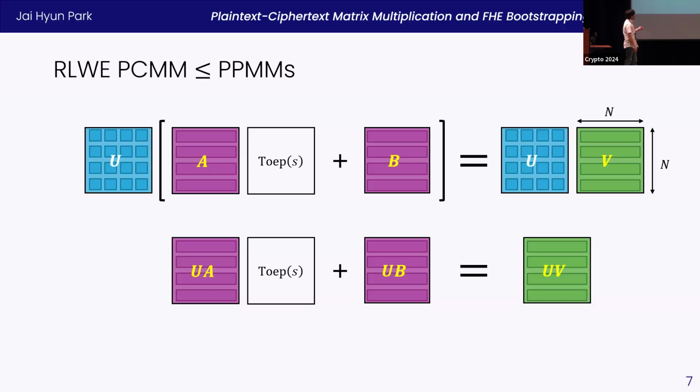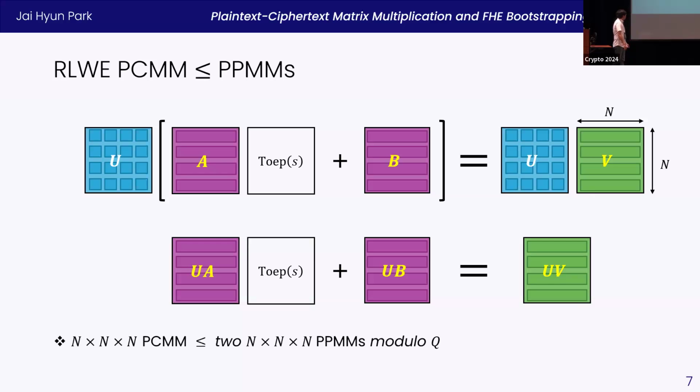So this means that we have computed the PCMM, and we complete the PCMM task. So we can do PCMM by using 2 PPMMs, UA and UV. That means we can utilize the high efficiency of existing BLAST libraries, and this will improve the latency and efficiency by a lot.